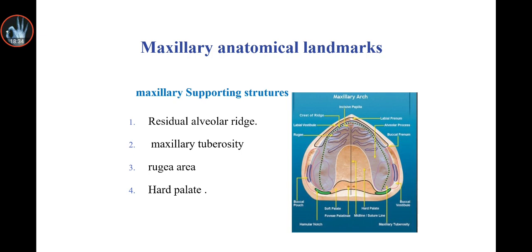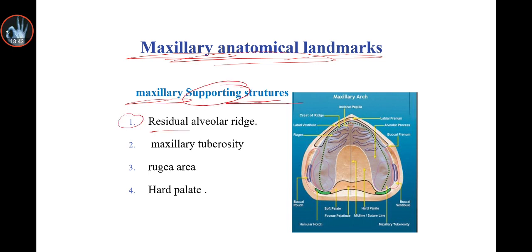The maxillary anatomical landmarks. Now we started with the supporting structures, and the first one is the residual alveolar ridge. When there are teeth we call it the alveolar ridge, meaning the alveolar process is the alveolar ridge. This is called the alveolar ridge when the teeth are present. When we lose the teeth we call it the residual alveolar ridge. When we have teeth we call it alveolar ridge, when we have no teeth we call it residual alveolar ridge.